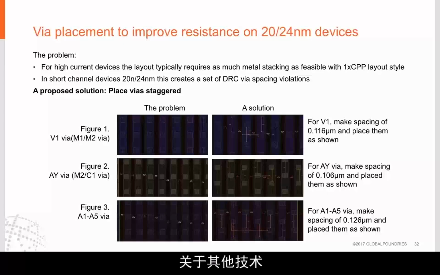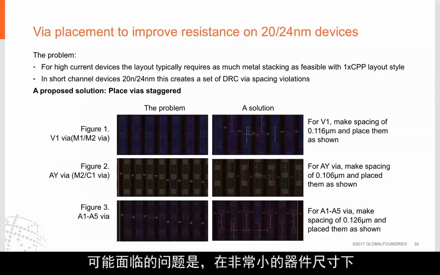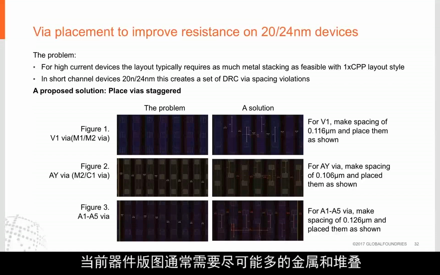Regarding other techniques, via placements to improve the resistance on the 20 and 24 nanometer devices. The problem that you may face is that at the very small device sizes, the current device layout typically requires as much metal and stacking as possible.